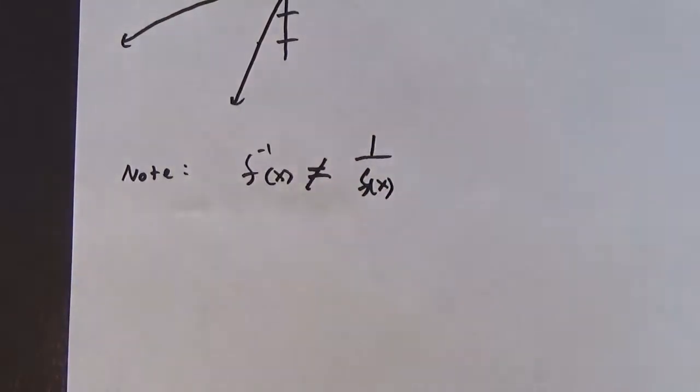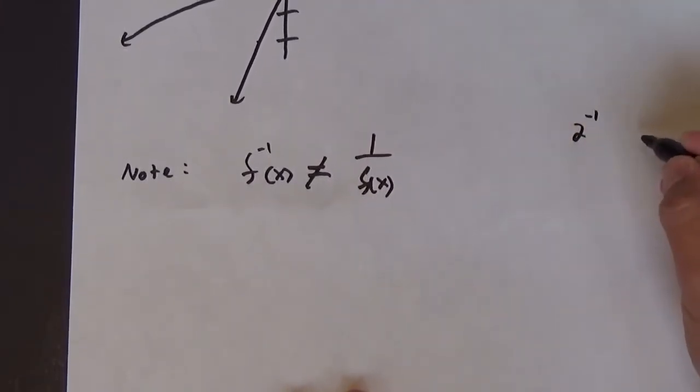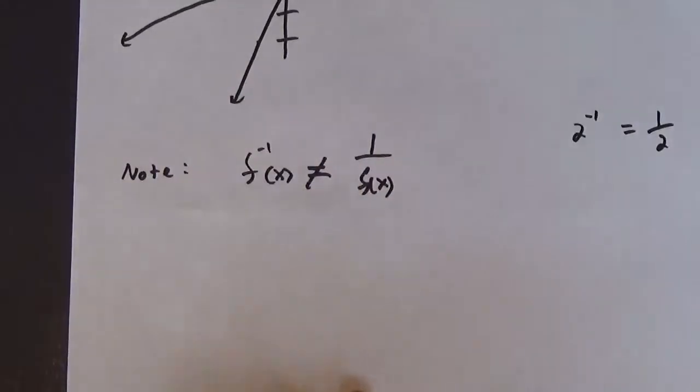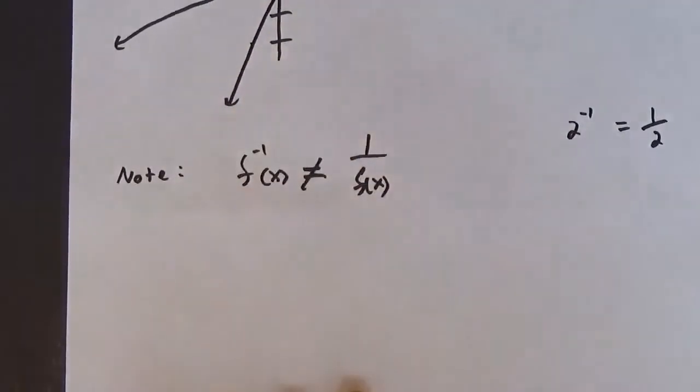So if you remember back in exponents, if I had, say, 2 to the -1, we would say, oh, that's 1/2, easy enough. But in this case, this is not being raised to the -1 power. This is indicating an inverse. So that's something that you have to understand about this notation, even though it looks like this.